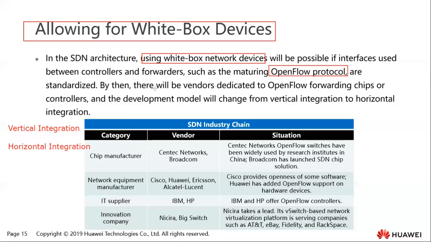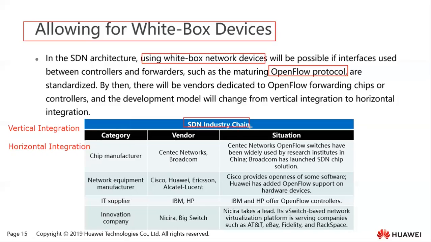By then, there will be vendors dedicated to OpenFlow forwarding chips or controllers. And also, the development model will change from a vertical integration, where you need to implement everything from the same vendor, to horizontal integration, where you can take stuff from different people.